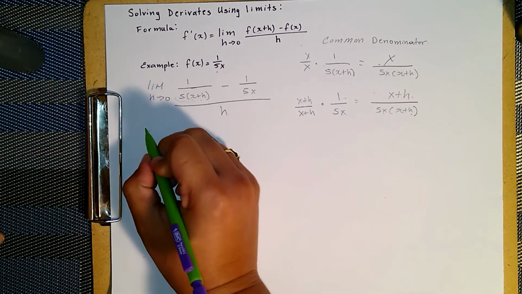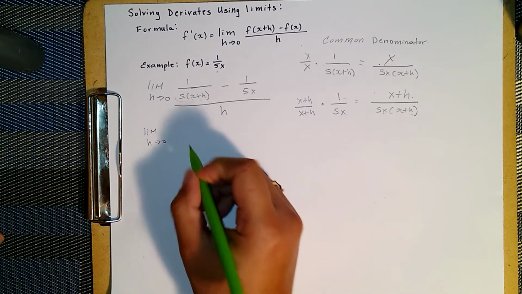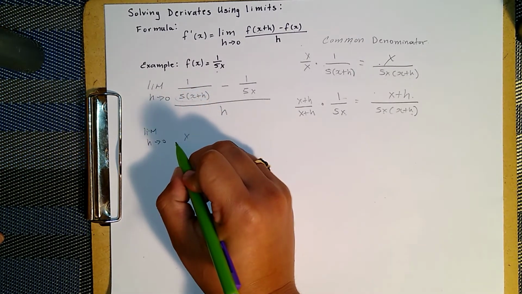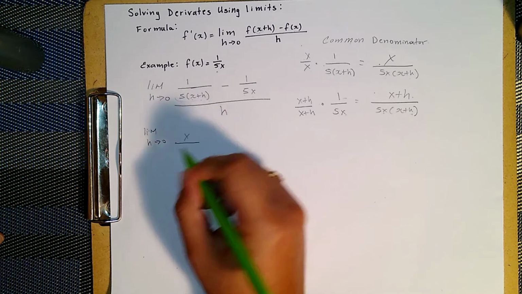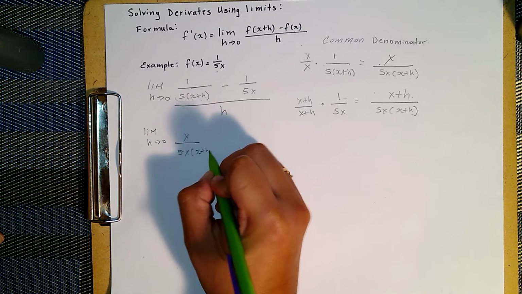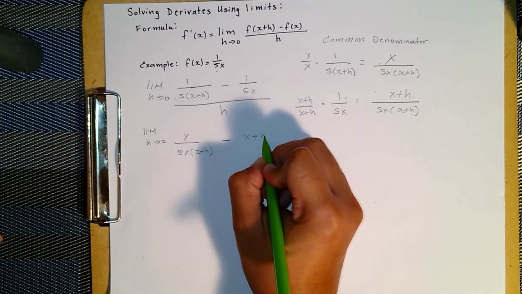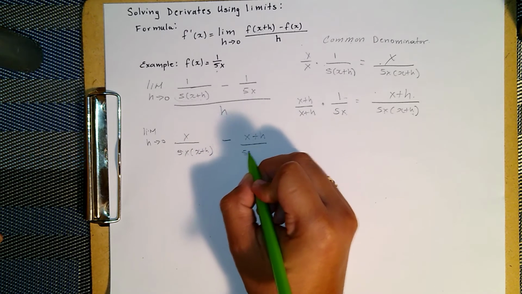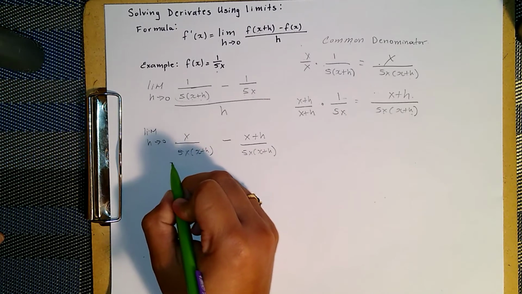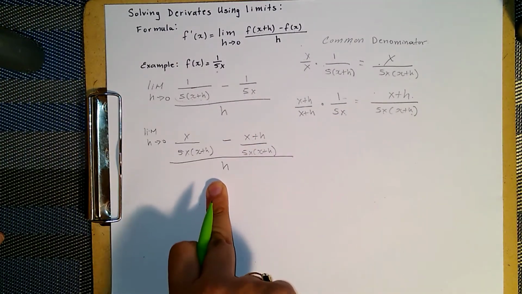We bring this over here, the limit of h approaching 0. X plus h, take away x plus h over 5x, x plus h, the common denominator, and this is all over h. Don't forget the all over h.